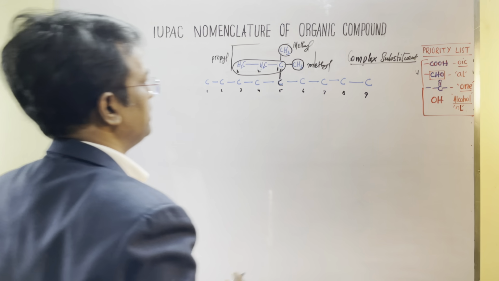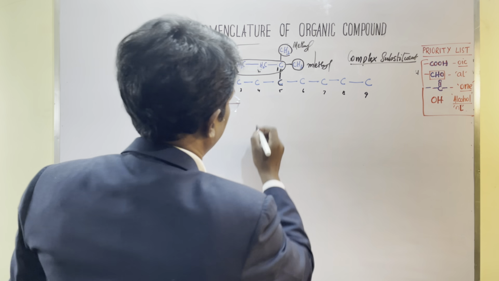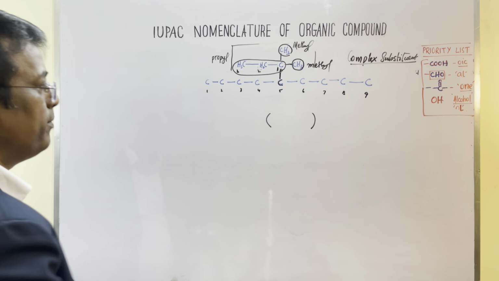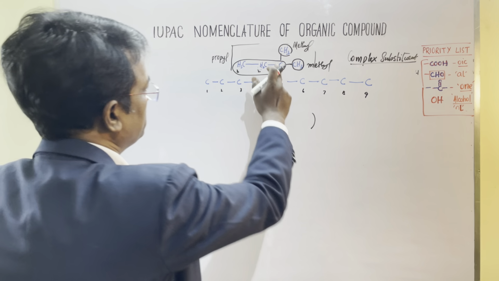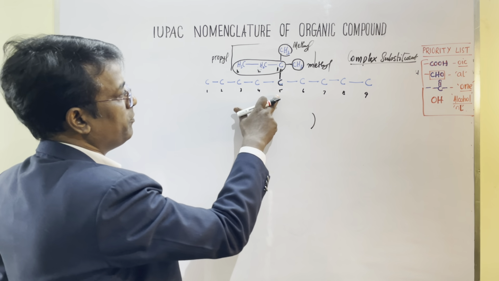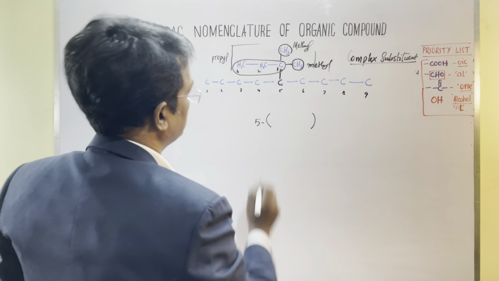How are they represented? They are always put in brackets first. Inside the bracket means it's a complex substituent. Now the complex substituent is at the 5th carbon of the main chain, so I will write 5 dash.